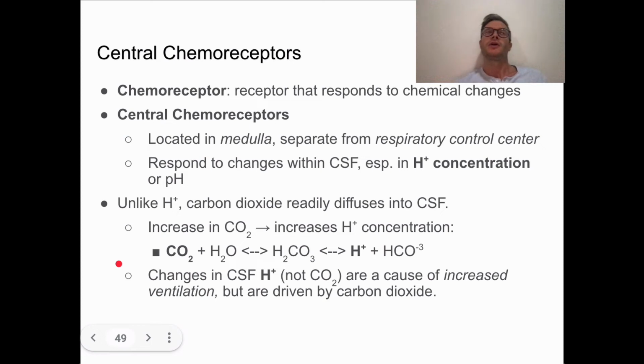Okay, so it seems like kind of splitting hairs here, but it's a really important concept to understand that centrally, again, our brain and brainstem are the primary drivers of our ventilatory response. So what you might notice from all of this is we haven't mentioned oxygen once.